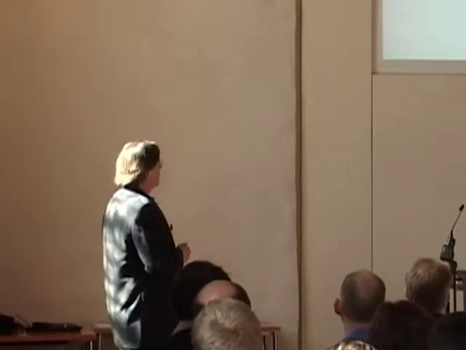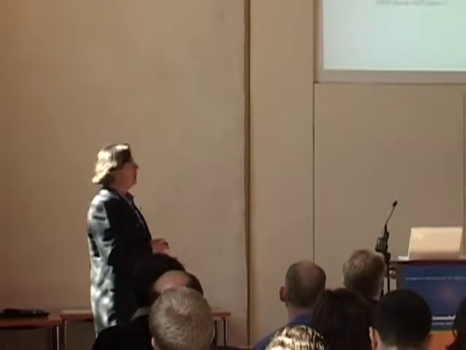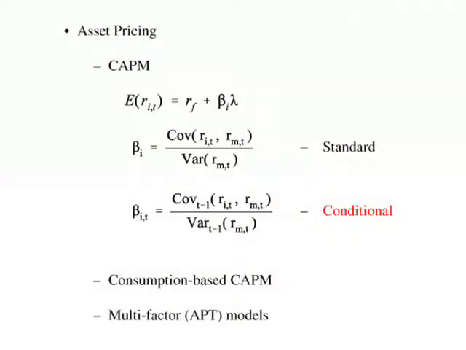Now, the standard CAPM takes beta to be constant. It takes the variance and the covariances to be constant. People have subsequently, of course, realized that's probably not a good assumption in light of the pictures we've shown.